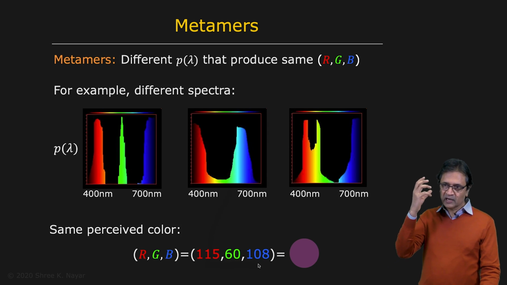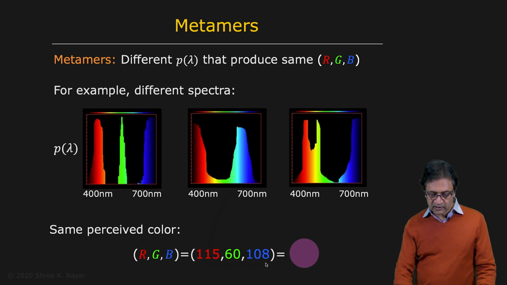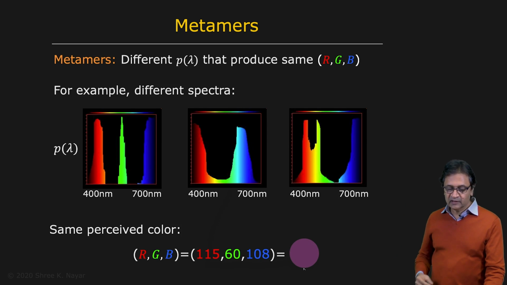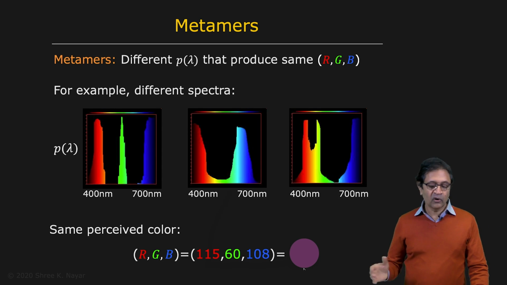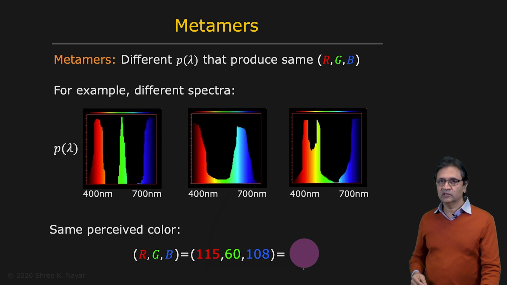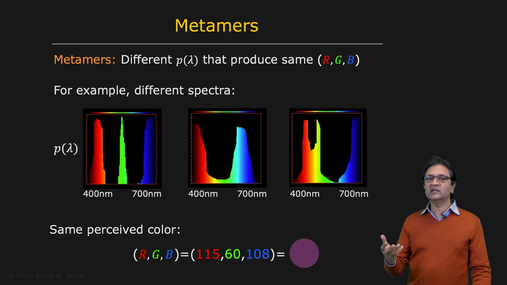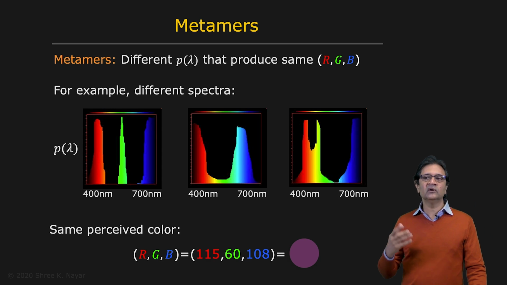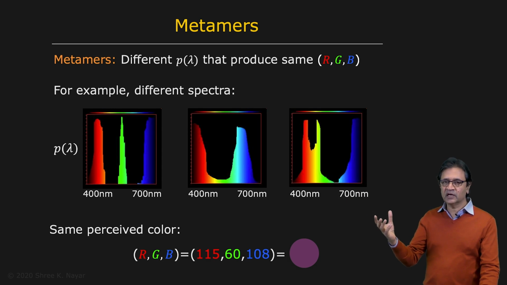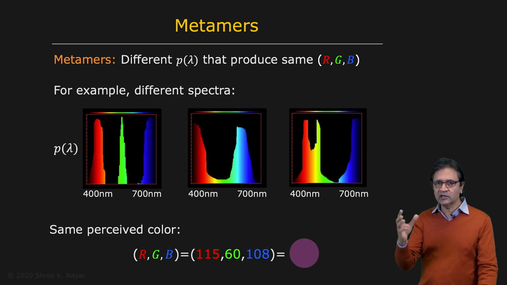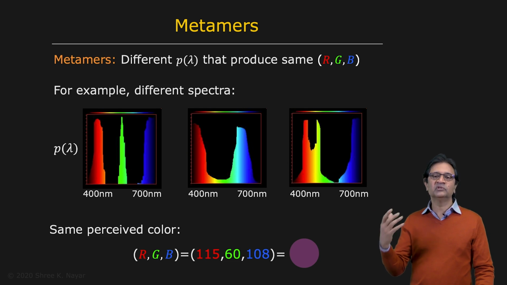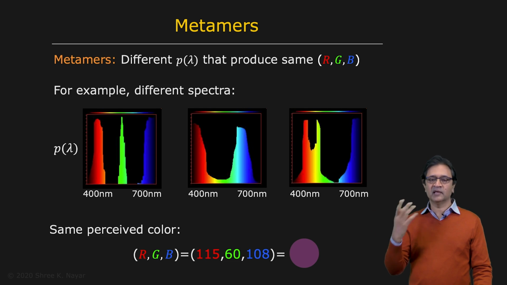And the color that we perceive is this color here, which is purplish, purple or violet, or whatever that color is, magenta perhaps. That's the color we perceive for all of these spectral distributions. So the existence of these metamers is telling you that there's a lot of spectral distributions that exist in the world which are very different from one another, which we humans perceive to be the same color.